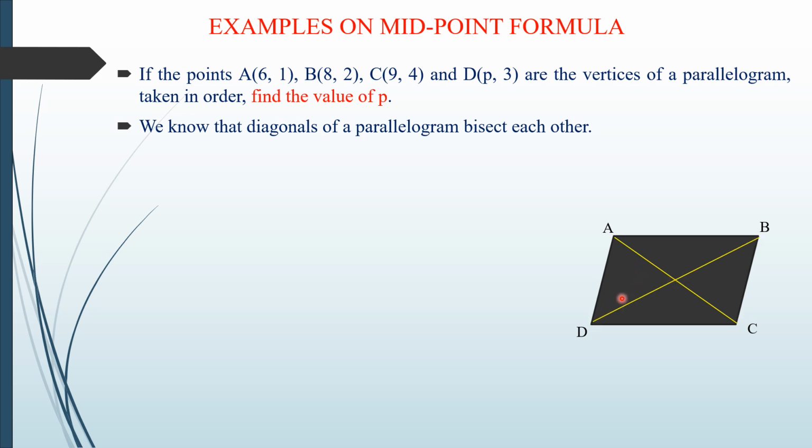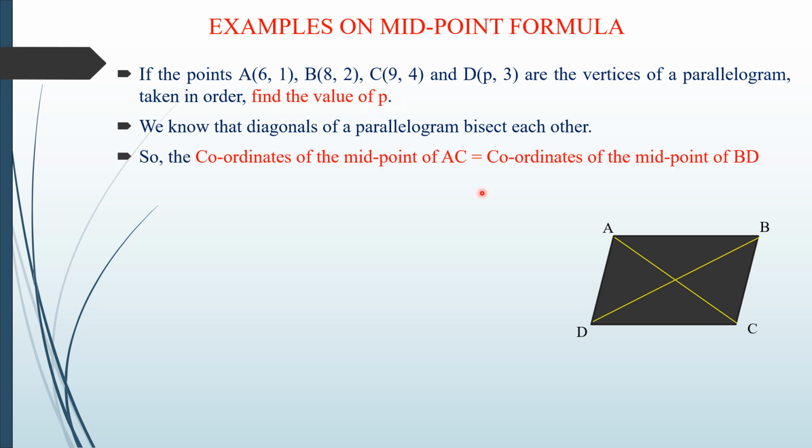In that case, for line BD, this AC is dividing BD as 1:1 here. Similarly, this BD is dividing AC as 1:1. Let us see how we can find P here. Coordinates of the midpoint of AC is equal to coordinates of the midpoint of BD.